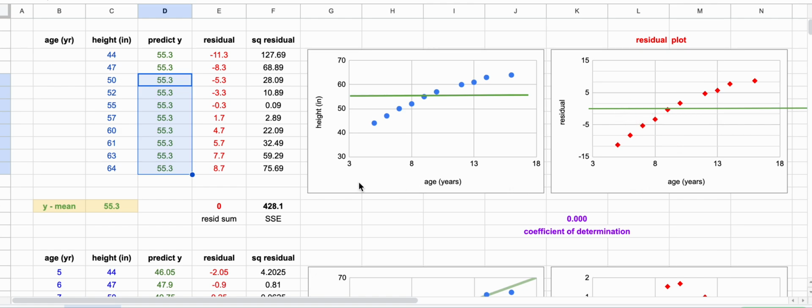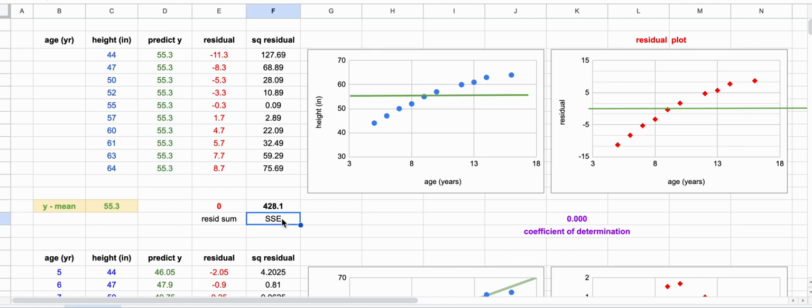So this is not a great model. The residual plot says this model's not very good, and the squared error is huge, 428.1. This is probably the worst way to do the problem: ignore the ages, don't use the ages at all, and rely solely on the heights.